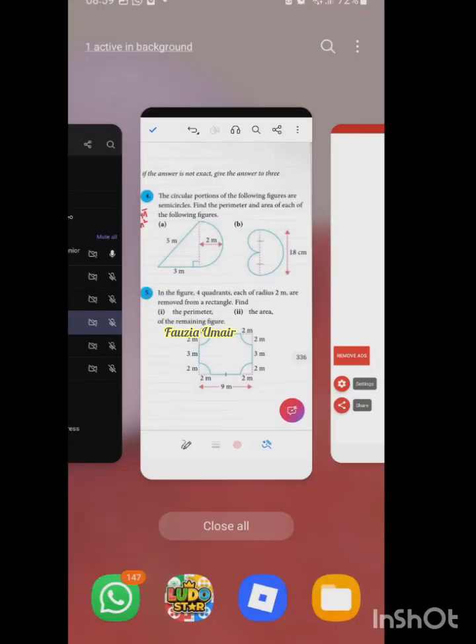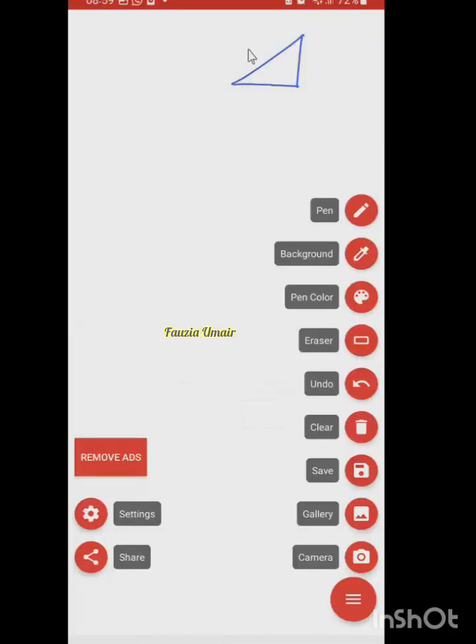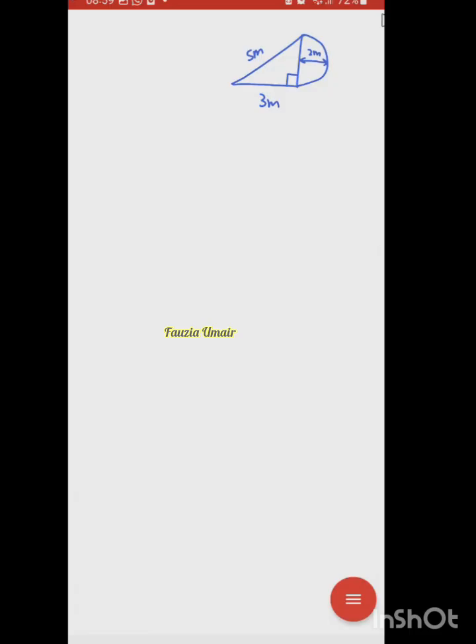The sides are 5 meter and this side is 3 meter. This is 90 degrees and there is a semicircle like this. The radius of the semicircle is given to you. The radius is 2 meters. So this is the situation. This is question 4, part A.